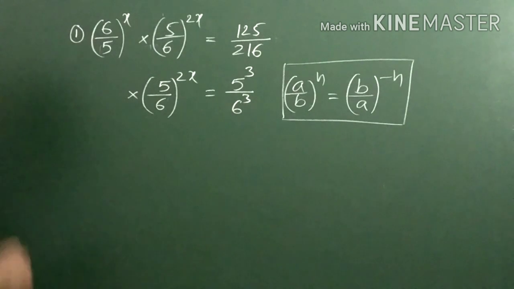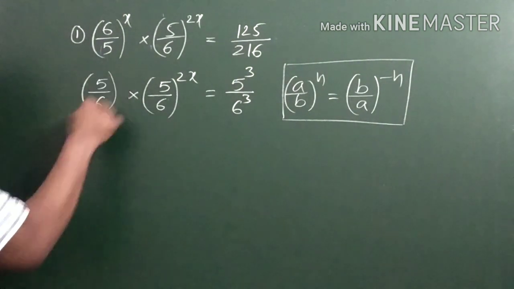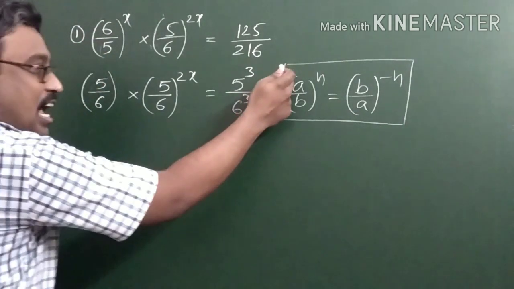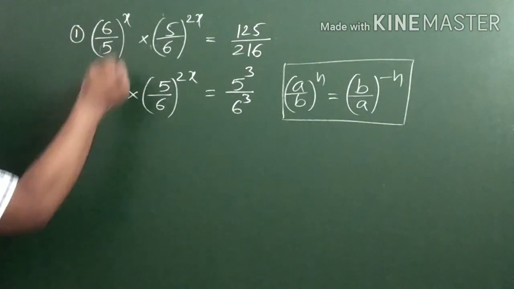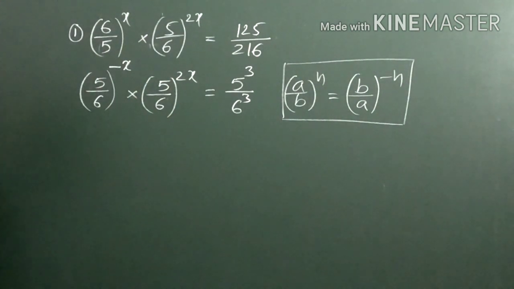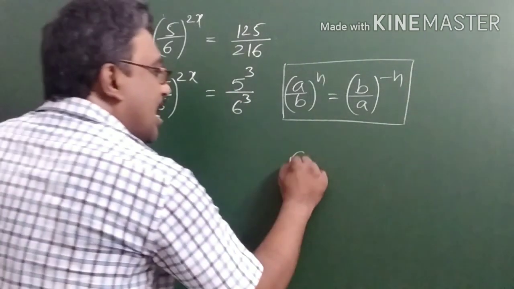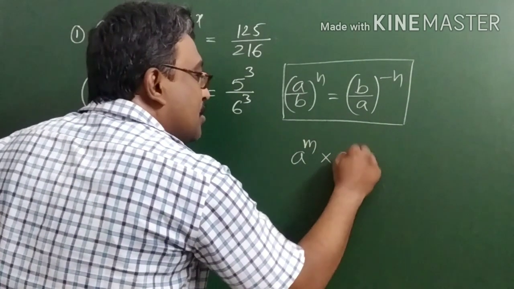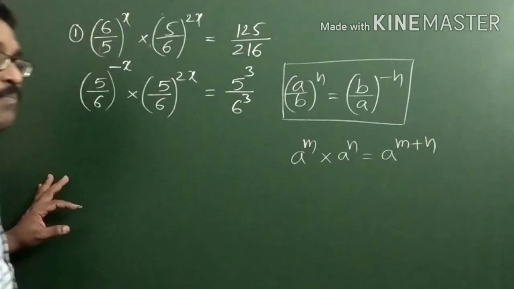By using the same formula, I am changing 5 by 6 to 6 by 5, a by b changing to b by a. That is 5 by 6. Then the exponents will become negative. Now look at both the denominators. Yes, a power m into a power n is equal to a to the power of m plus n.